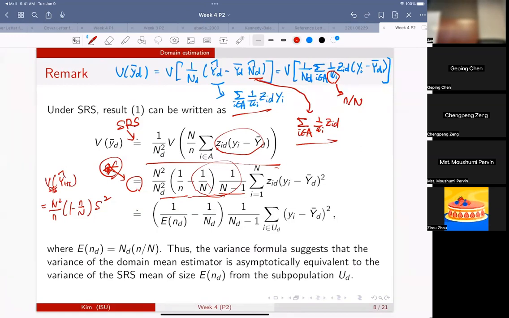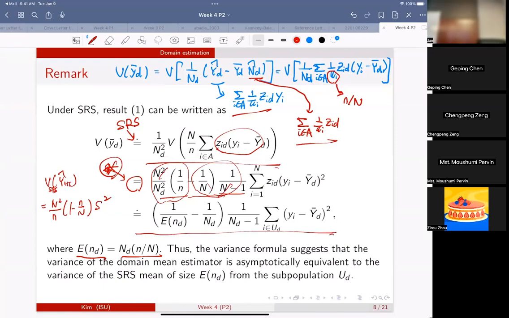N square cancellation. And then the only thing left is this ND square, which is this one. The first part is this guy, right? And then you have a cancellation and capital N cancels. So then ND on the simple random sampling, ND is N times the proportion. So at the end of the day, you will get this formula.